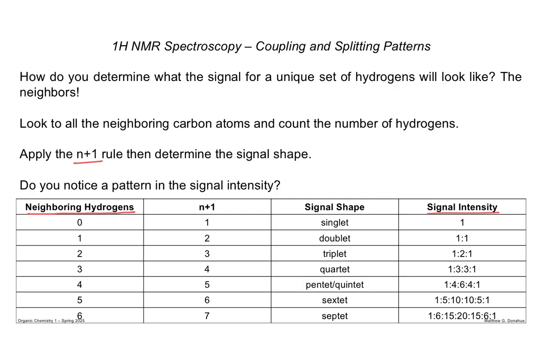So if you look at the numbers in that signal intensity, the numbers in each row, you see the outer number is always 1, right? Can you make sense of the inner numbers? If we look at the triplet, see how it's 1 to 2 to 1? If we take 1 plus 1 from the prior row, that equals 2.